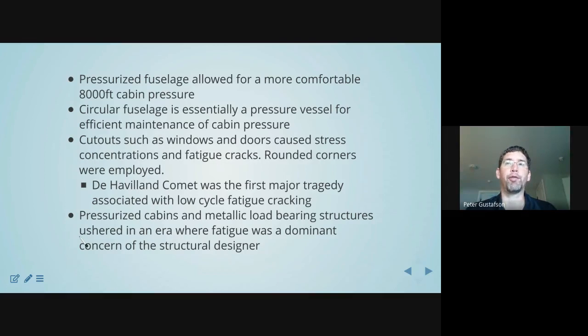For the fuselage itself and the wings and many of those components, in order to make them structurally efficient, we have to make them carry relatively high internal stresses. And because they are relatively high internal stresses, loaded cyclically, either through repeated pressurization, climbs and descents, as in the case of the fuselage, or just a repeated flexion of the wing, it's now cyclic loading and the associated fatigue that are the dominant concerns of the modern structural engineer.